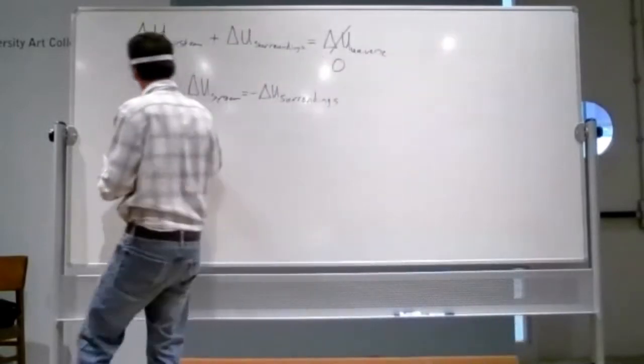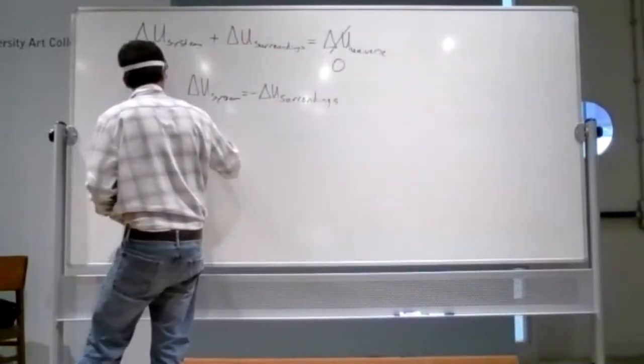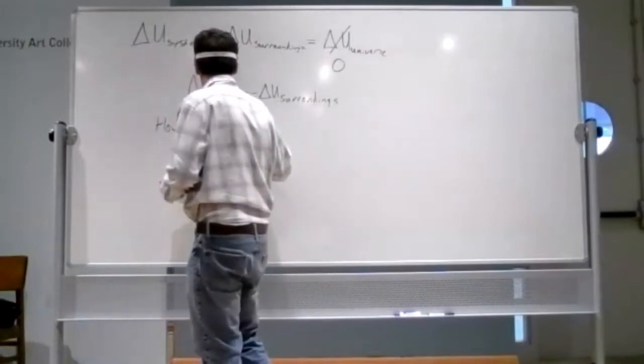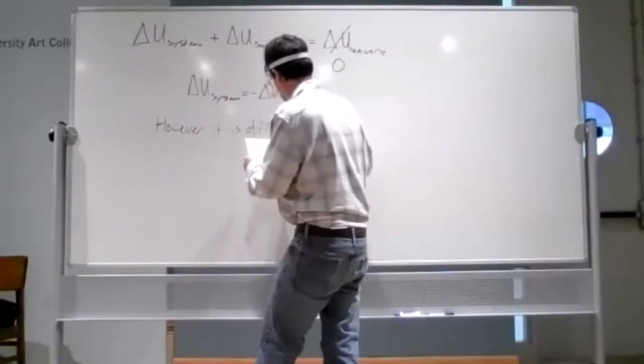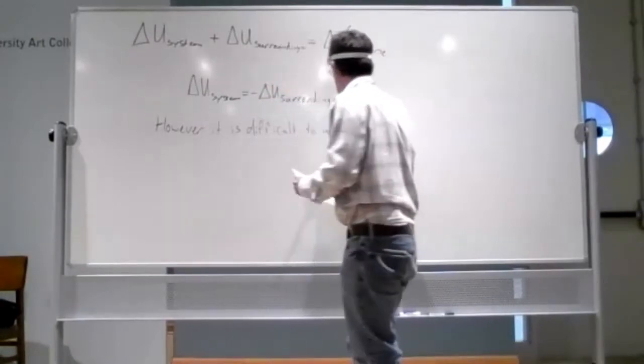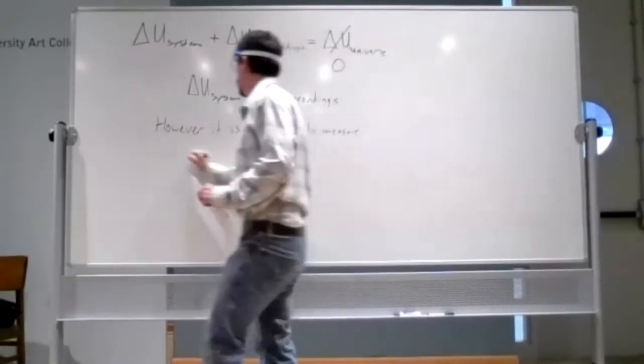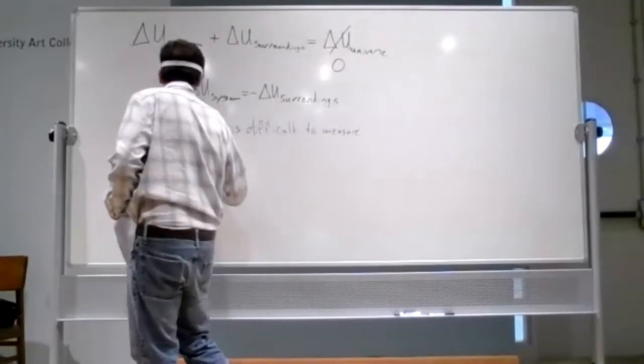So, however, it is difficult to measure delta U surroundings.